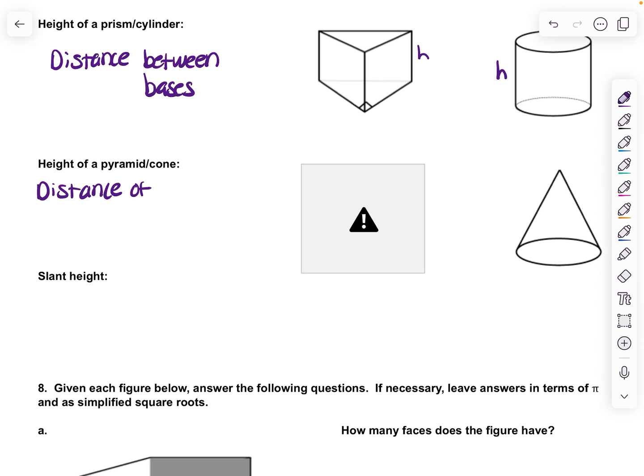The height of this would be the distance from the vertex to the center of the base.